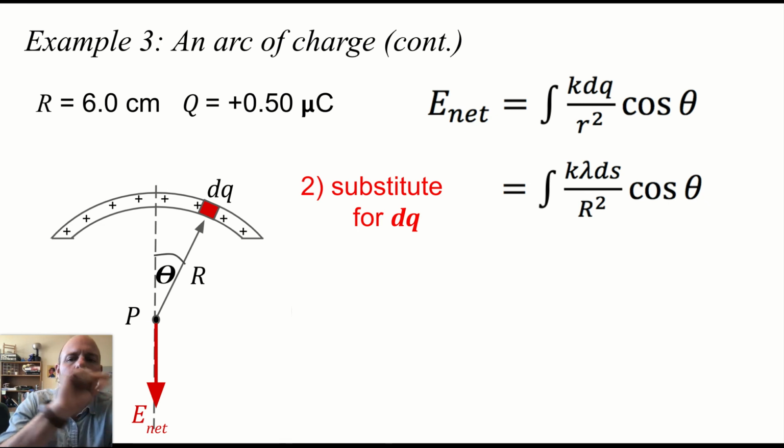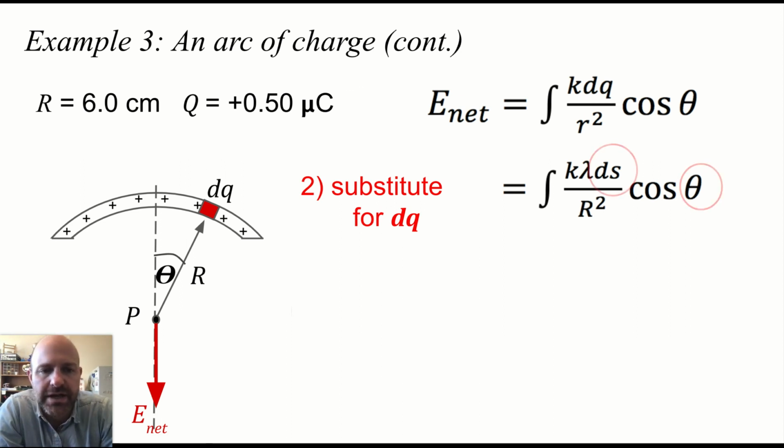But as we go along the arc, we have our little ds. But we're not quite done with our substitution because we have s now as a variable, r is a constant, and also theta. And we need to do one more substitution to get rid of that. We know that the arc length is just the angle multiplied by the radius of the circle, right?